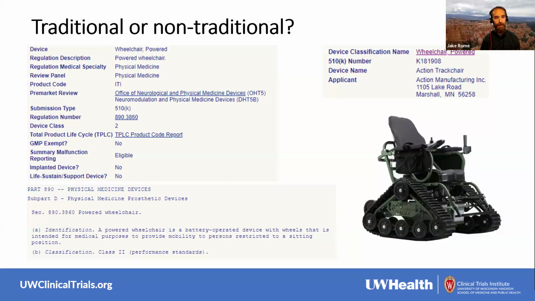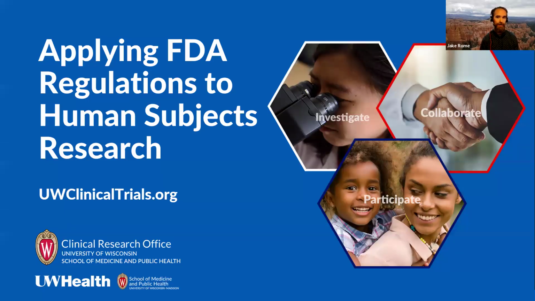They have established the manufacturer, as you can see in Marshall, Minnesota there, as someone that is manufacturing and marketing devices. So popsicle stick, a super wheelchair, all things that are considered medical devices by the FDA. So something to consider when you're deciding, am I working with a medical device? Is what I'm developing a medical device?